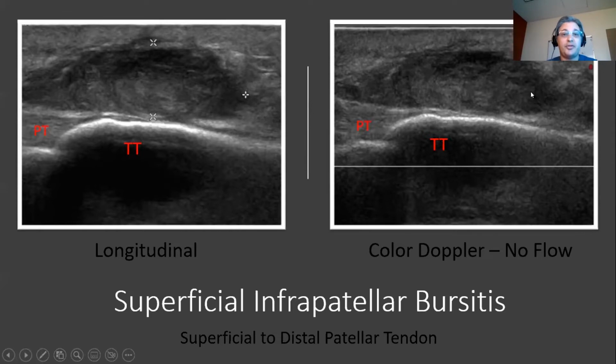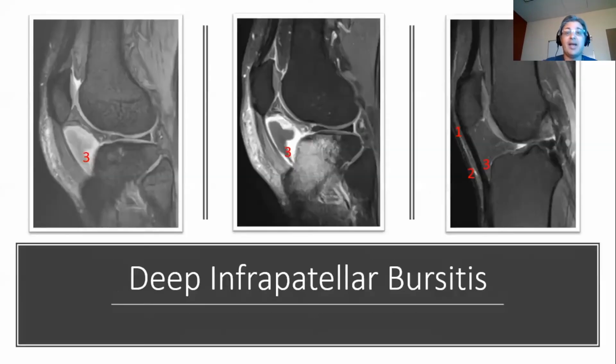This complex soft tissue mass as well does not have significant internal flow, which may suggest to us that this is long-standing chronic indolent bursitis without active inflammation. And now let's review another bursa close to the superficial infrapatellar bursa, but this time deep to the patellar tendon.